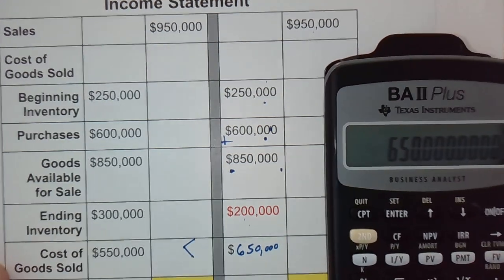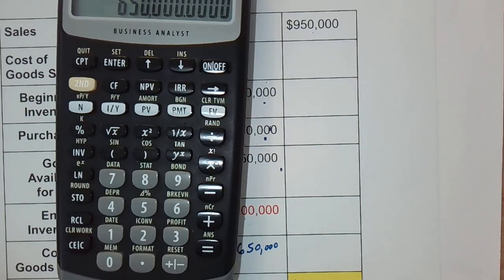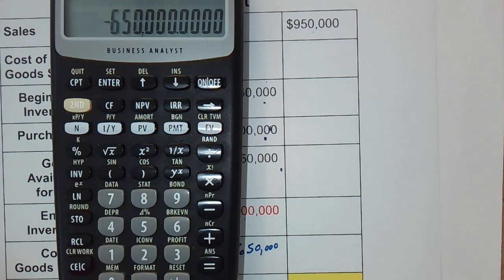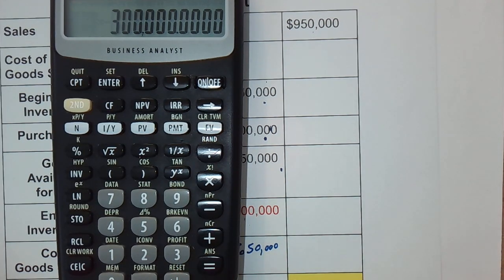So I'm going to take my $650,000 and do my same trick again, change the sign, and make it negative $650,000. I'm going to add to it my sales revenue of $950,000, which is the same. We haven't changed that. And in this case, our gross profit is $300,000.